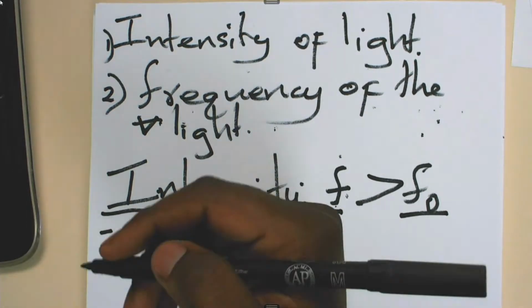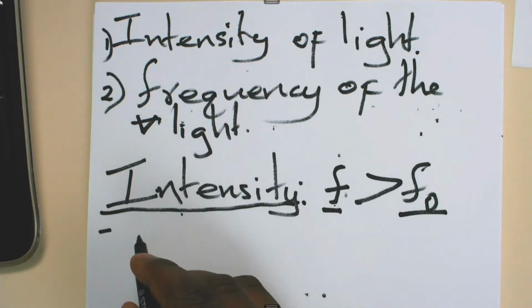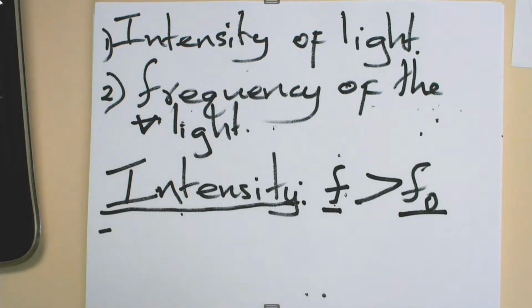When you increase the intensity of light, it means that we are now going to have more photons hitting the surface of the metal per second.